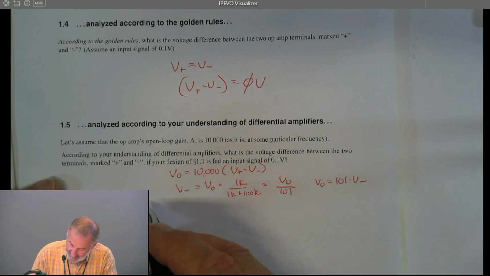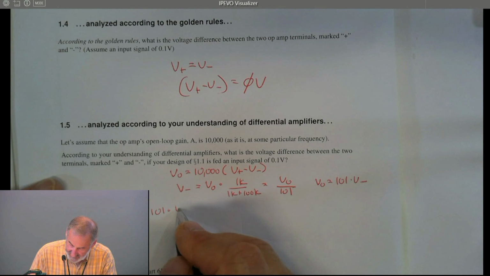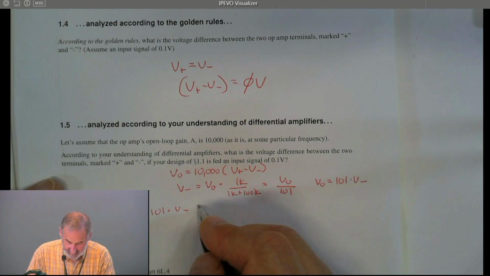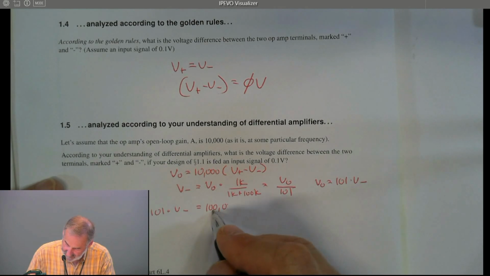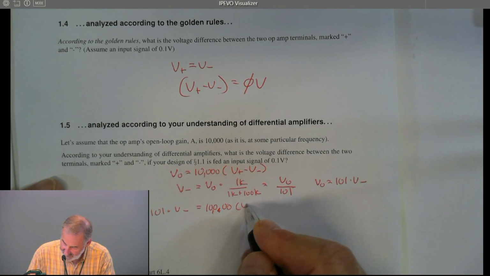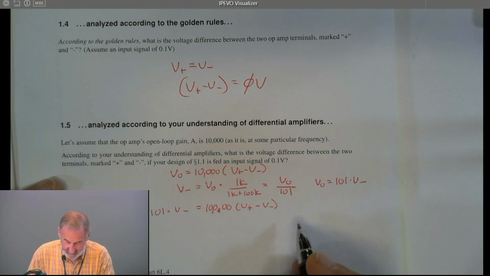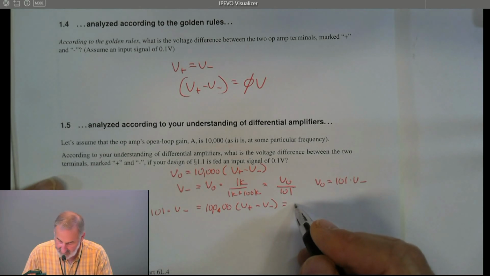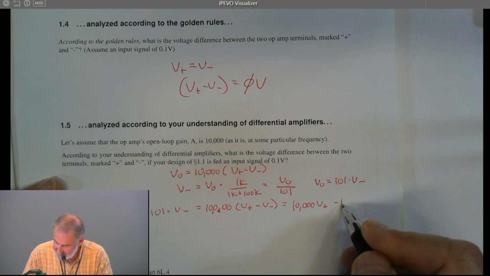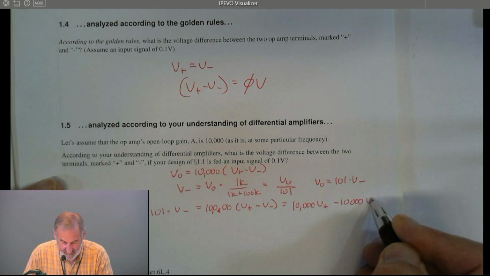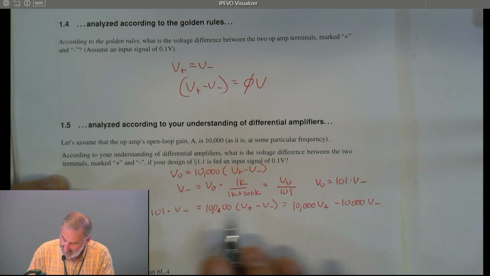So now let's substitute. We've got 101 times V minus is equal to 10,000 times (V plus minus V minus). That's equal to 10,000 times V plus minus 10,000 times V minus. We now gather terms.